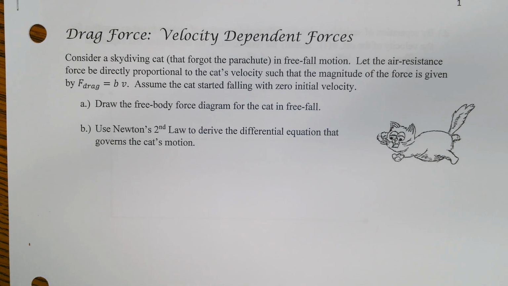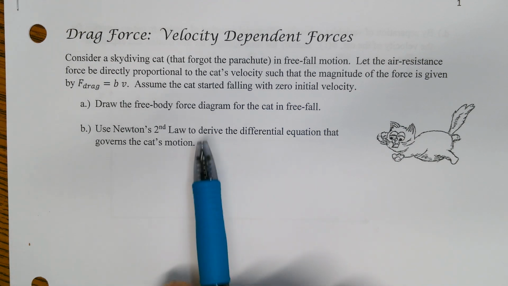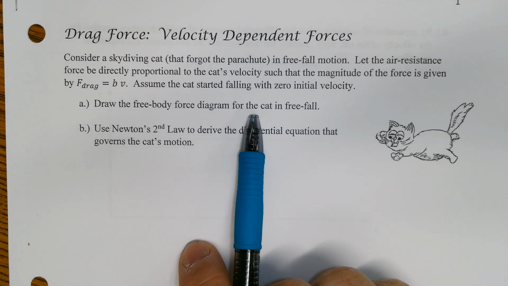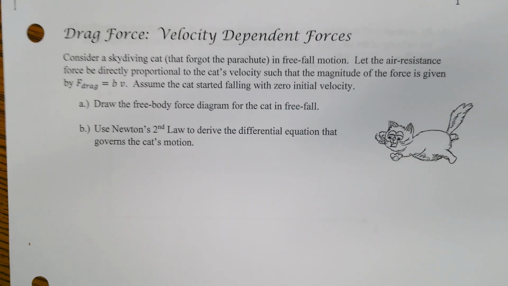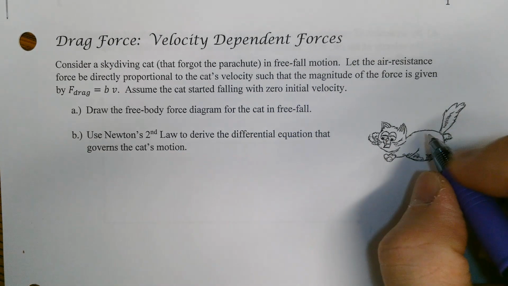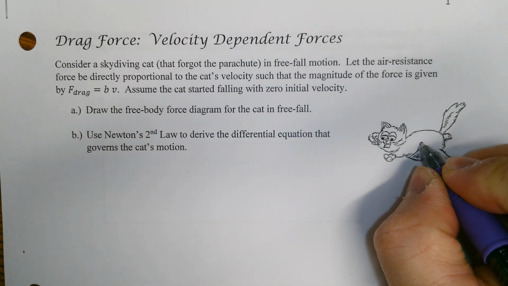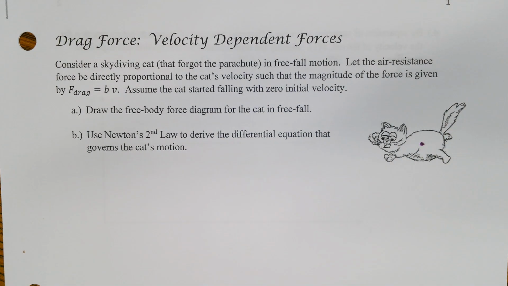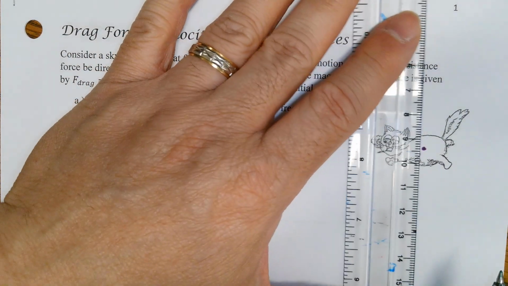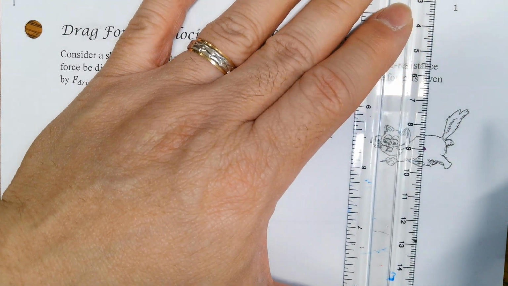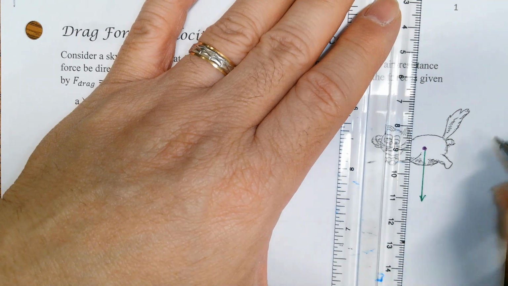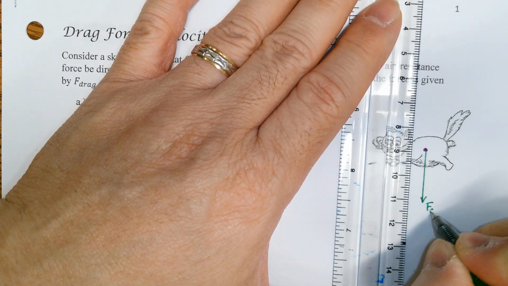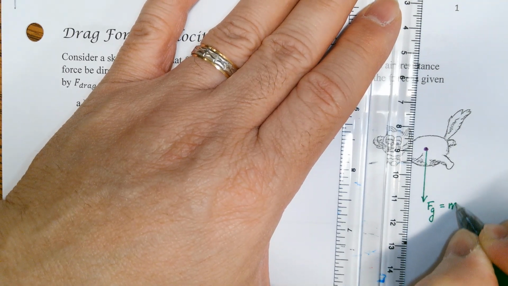A, draw a free body diagram for the cat in a free fall. Okay, well, let's pretend the cat's center of mass is right here. Draw a free body diagram where the obvious force for the cat will be Fg, right? The weight of the cat, which is equal to mg.